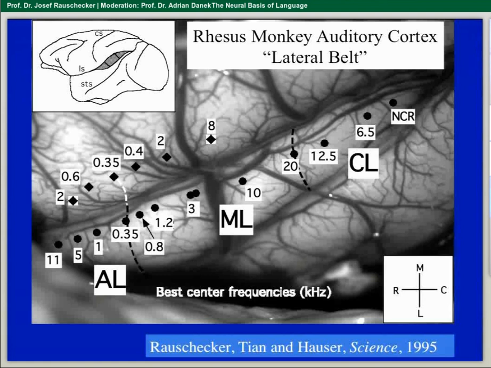So we open up the brain and the dura that covers the brain, and then you can see the brain surface with the blood vessels, and we can stick microelectrodes into different places and then determine the preference of single neurons in these regions to different frequencies, bandwidths, etc.